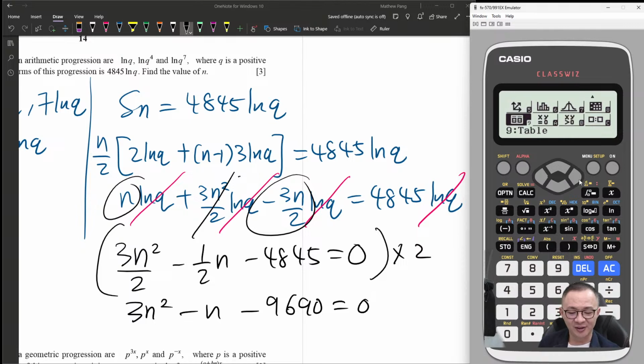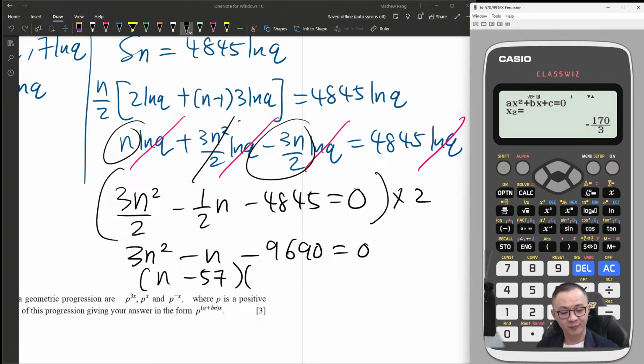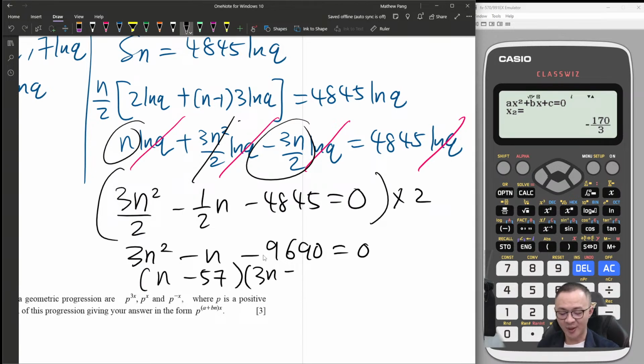Definitely use calculator. No way I will use my brain for 9000 something. This is 3. This is negative 1. This is negative 9690. Good. So it's n minus 57, 3n plus 170 equals to 0. Then n equals to 57.